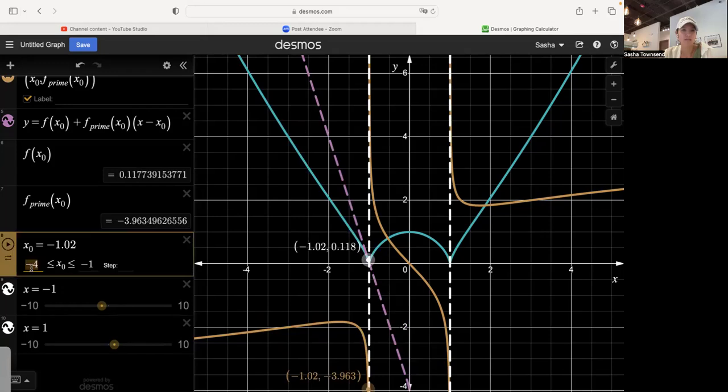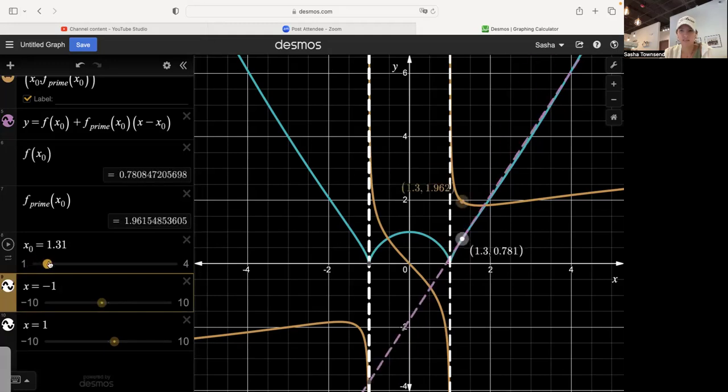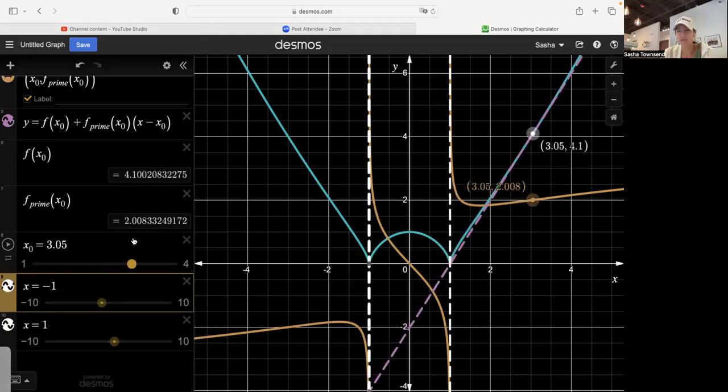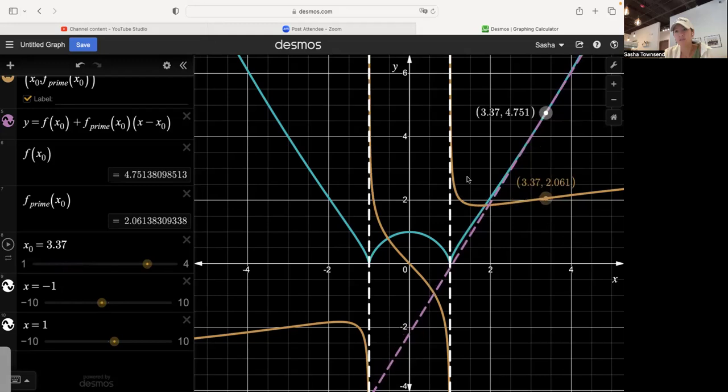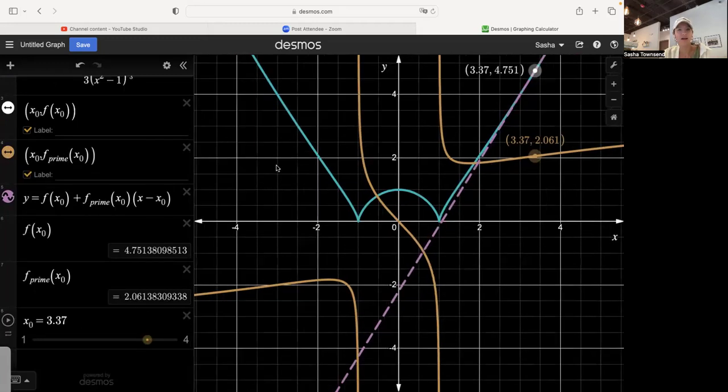And then if we want to go on the other side of one of these little cusps, from 1 to 4, move that slider and we see those graphs. Those slopes are all positive and the derivative values are positive. So I hope that helps. I hope that gives you a better understanding of our graphs.